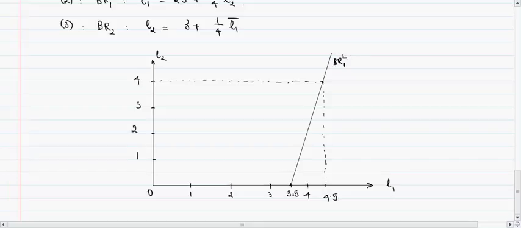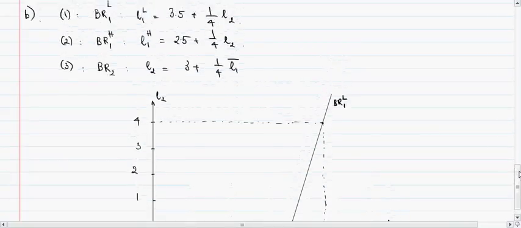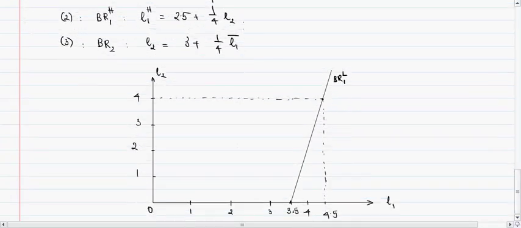I continue to do that for the best response function for player 1 of the high cost. Again, this is the equation. With this function, if L2 equals 0, L1 equals 2.5, which is over here. And if L2 equals 4, L1 is going to be equal to 3.5.